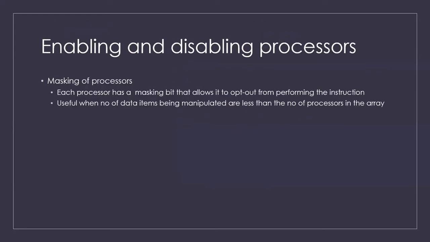The processor array exhibits a synchronous behavior, but at a certain point of time, the data elements may not be equal to the number of processing elements. When only a subset of the processing elements is required, we need to enable or disable the processing element to opt out from the next execution. Therefore, each processor has a masking bit to control this enabling and disabling.